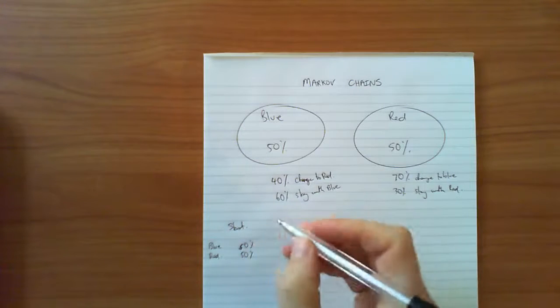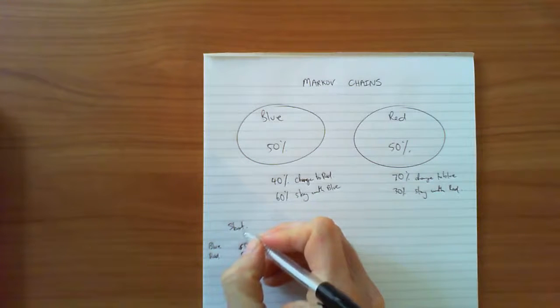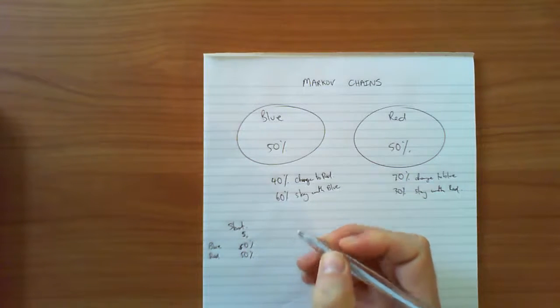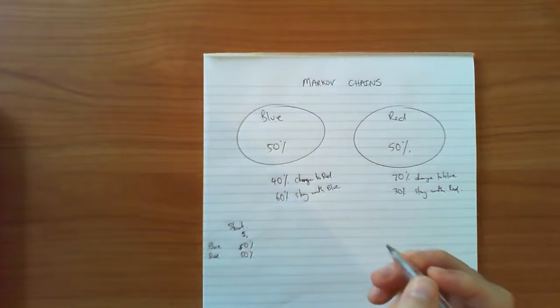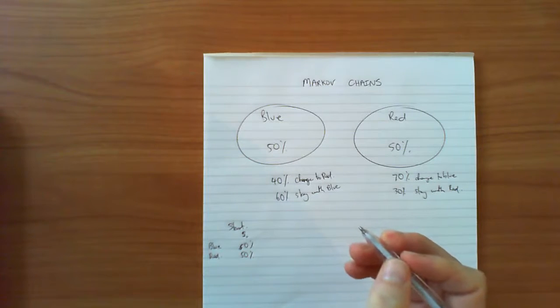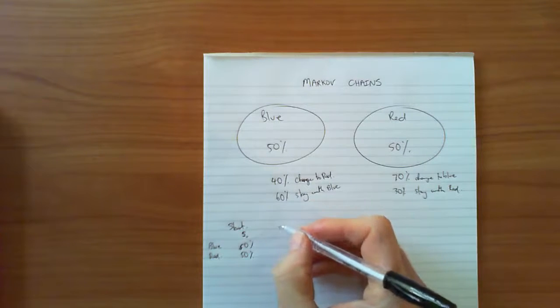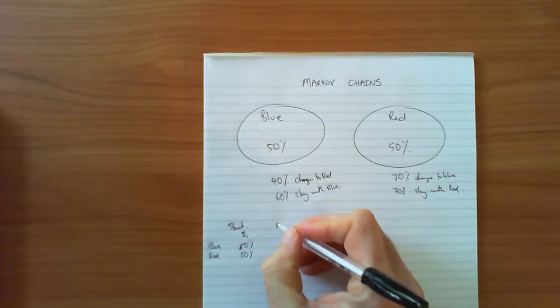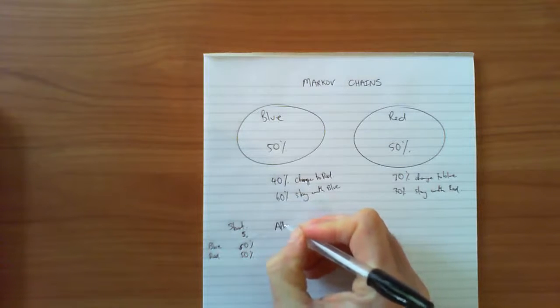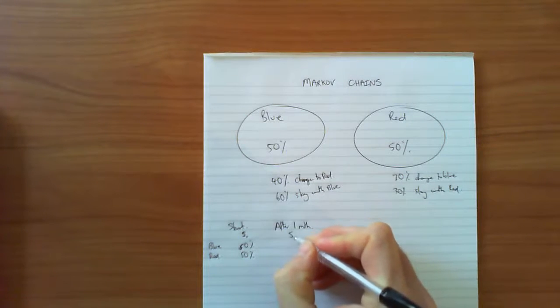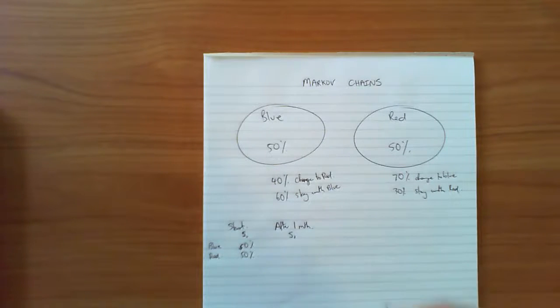We could call that, and you'll see why I'm calling this name later, let's call that S0. S stands for the state of the system. So S0 is the initial state. Now let's have a look at after 1 month. We're going to call that S1.